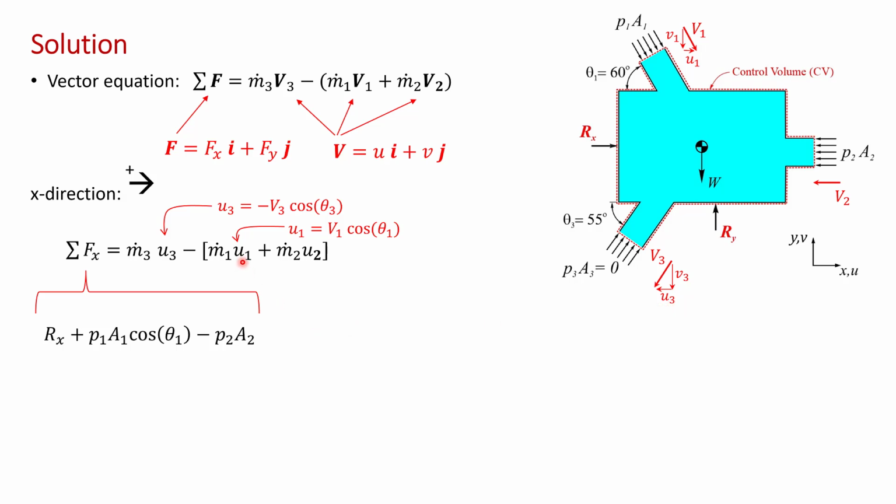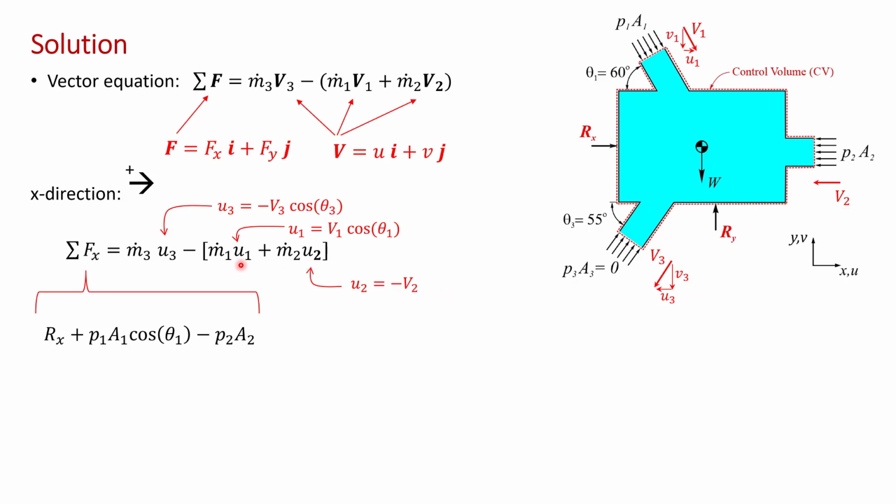Similarly, u1 here is V1 cos theta 1, but this is in the positive x direction, so plus V1 cos theta 1, and V2 acts entirely in the negative x direction with no y component, so u2 equals minus V2.